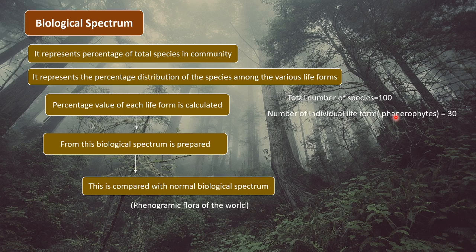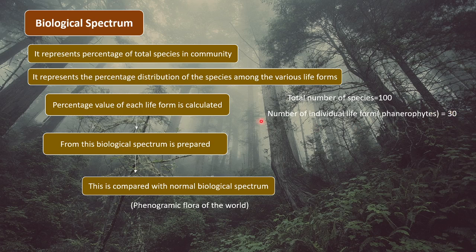Now similarly, there could be maybe 20 individuals of chamaephytes, there could be 70 individuals of therophytes, or any number could be given to different life forms. And this number, how do we get it? We can only get this number when we list down the species present there. So we have to list down the species and identify its life form.